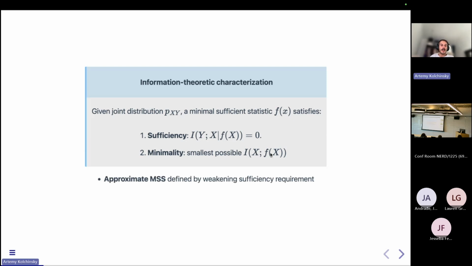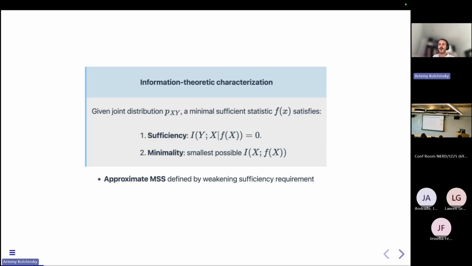Why is it useful to have this information theoretic characterization? Both of these are quantitative properties now, stated in information theoretic terms, and it suggests some ways that we can derive what I'm going to call approximate minimal sufficient statistics.